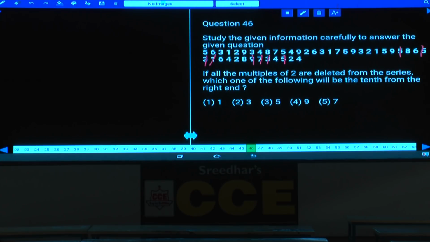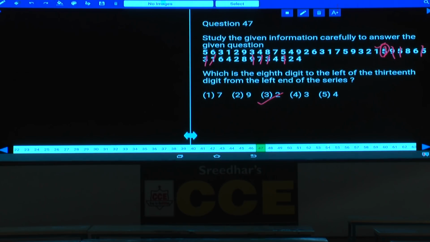Now the question is about what? 9 and the 10th one is 1. Isn't it? What is your answer here? 5. Why it is 5 is also left over. Now this is 5. Now what is the element here? 5 is the element, that is choice 3. The 10th element from the right hand side is choice 3.